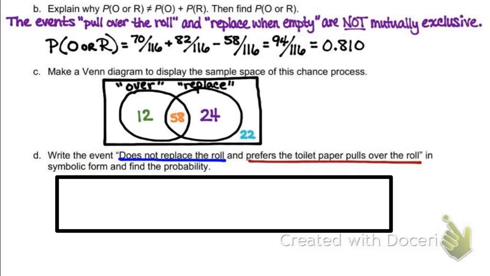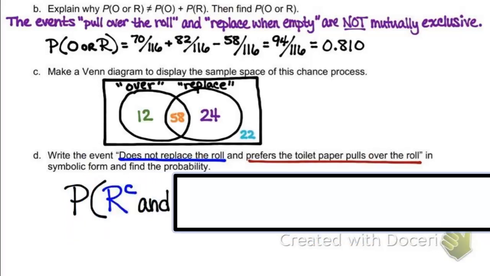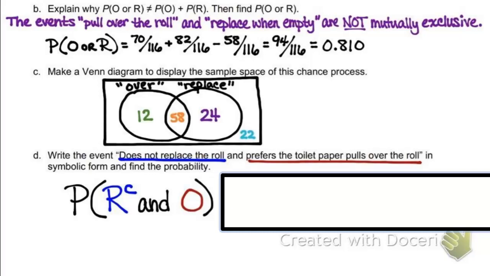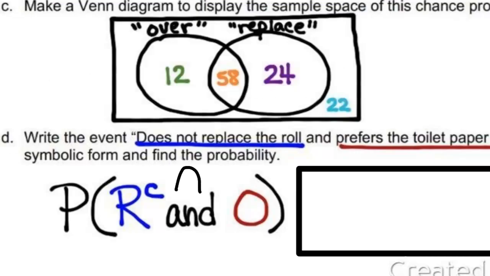Write the events "does not replace the roll" and "prefers toilet paper pulls over the roll" in symbolic form, and find the probability. So symbolic notation, that is how I would do my symbolic notation. The probability of R complement and O, or my personal preference would be that you write this as an intersection.